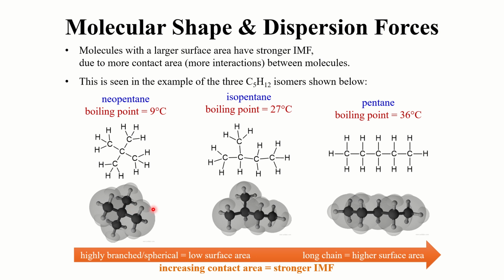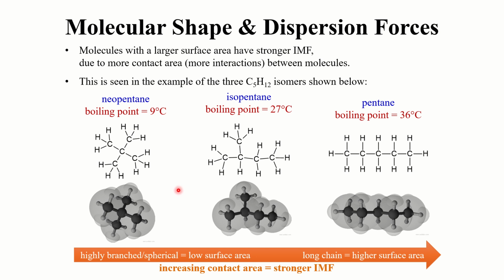Whereas as we go from left to right, from isopentane and then to pentane or n-pentane, when we have this long chain, we've got a lot more surface area, more contact area, meaning we've got stronger intermolecular forces. And these electrons are also generally much more polarizable than the ones in a more branched compound. So this is something to keep note of, to pay attention to.